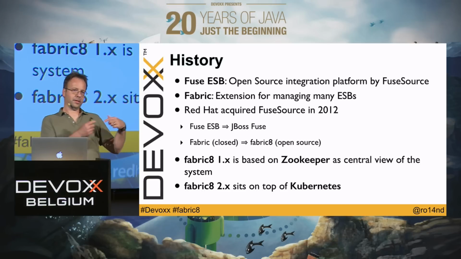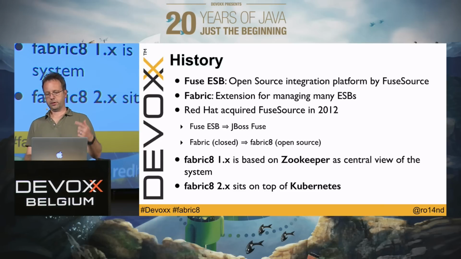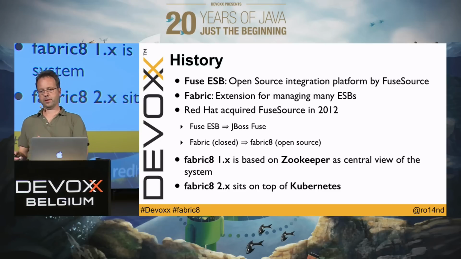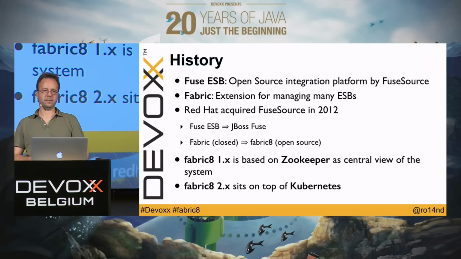Then one has also distinguished between two versions of Fabric8. There's Fabric8 1.x, which is more or less a direct evolution of this original Fabric software. This one is based on Zookeeper for all these orchestration needs, like distributed configuration and so on. And Zookeeper gave you a central view of the system.